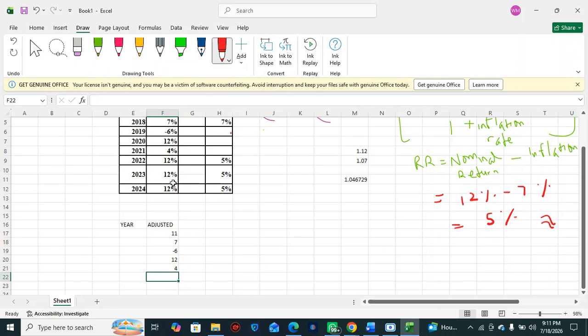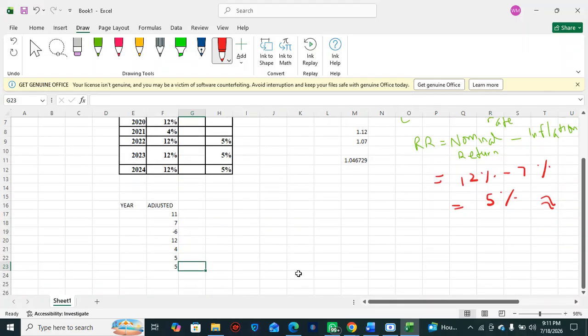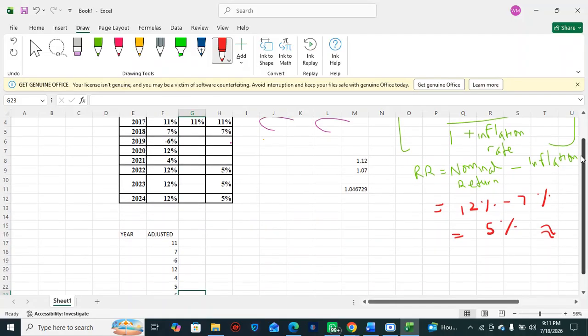So after the 4%, then you have the 5%, 5%, 5%, 5%. Okay. So now, after we've done the adjustments, we can now start tabulating the standard deviations.